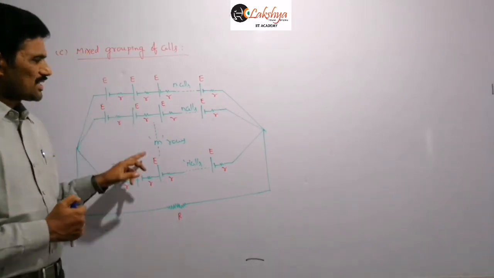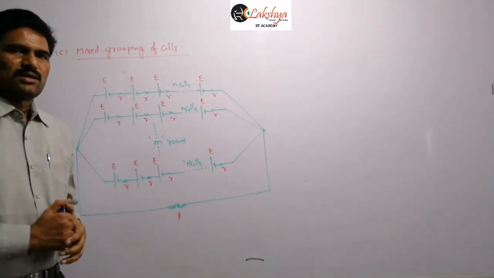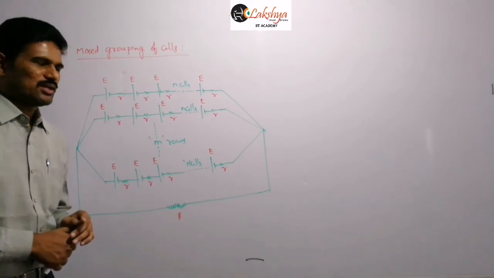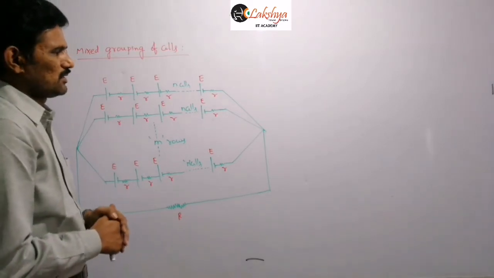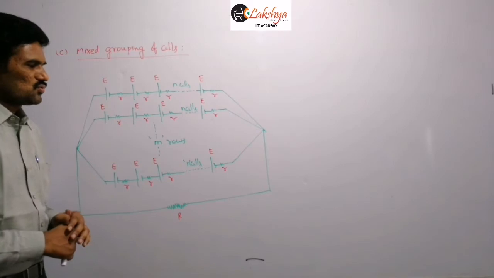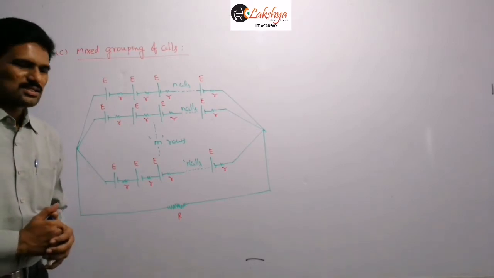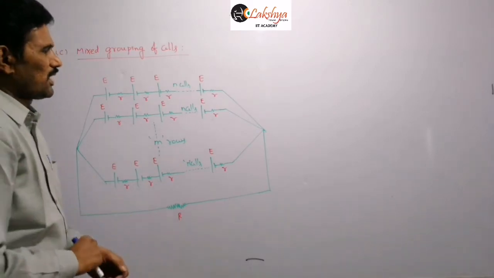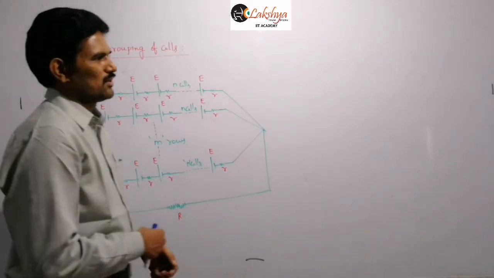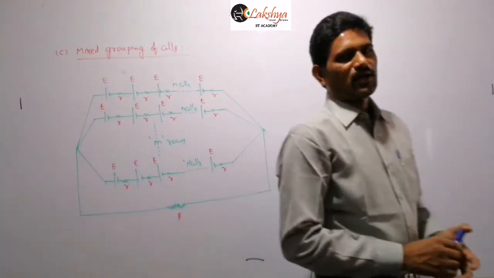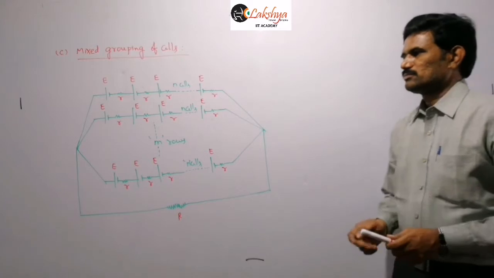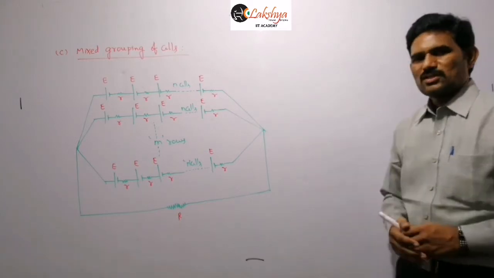Such m rows are connected in parallel to external resistance R as shown in the figure. So that is the circuit here, right?